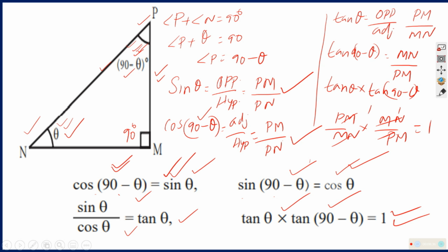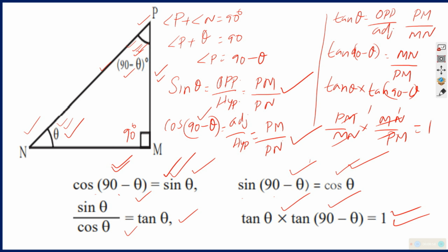What I am trying to say is, this is again from 9th standard knowledge. We have a lot of relationships between these different ratios, so you should remember this. Cos 90 minus theta is sin theta, sin 90 minus theta is cos theta, sin theta upon cos theta is nothing but tan theta, where the hypotenuse gets cancelled, and tan theta into tan 90 minus theta is equal to 1.